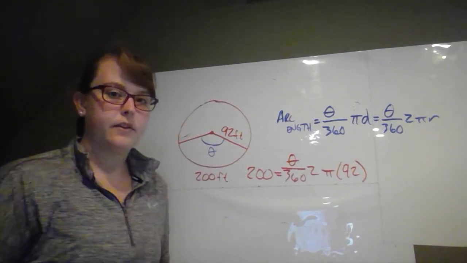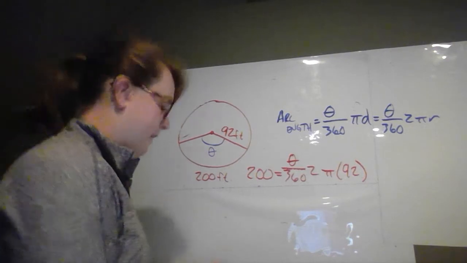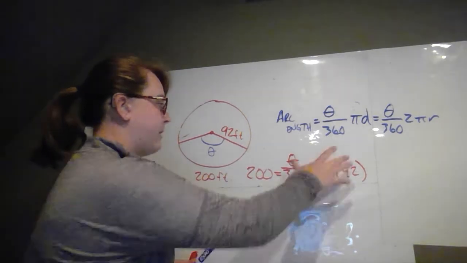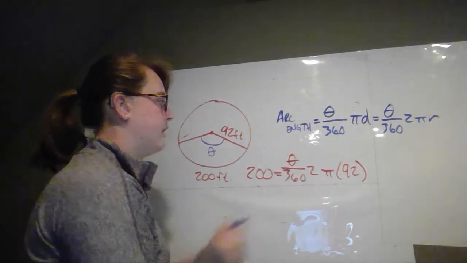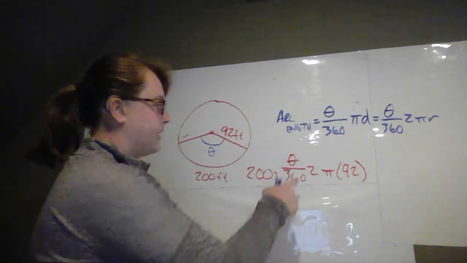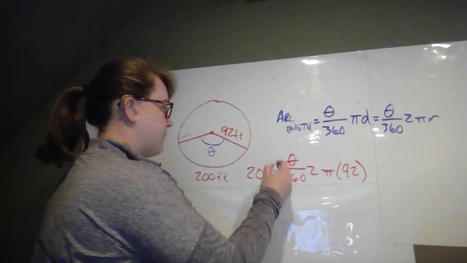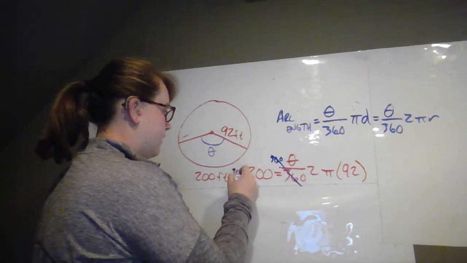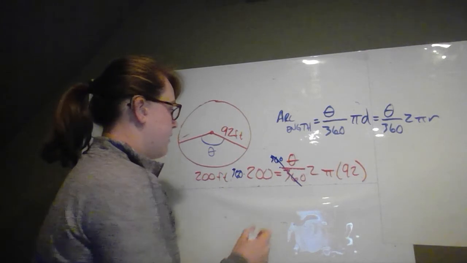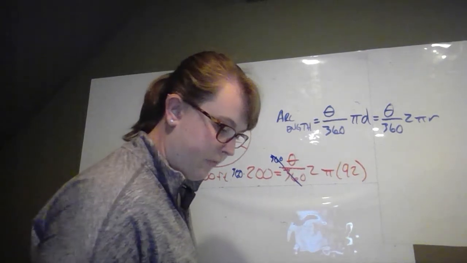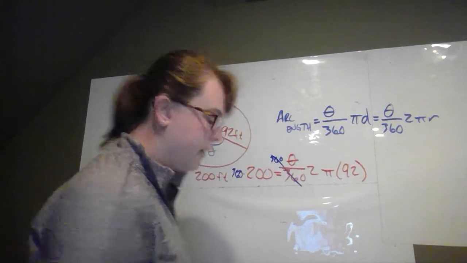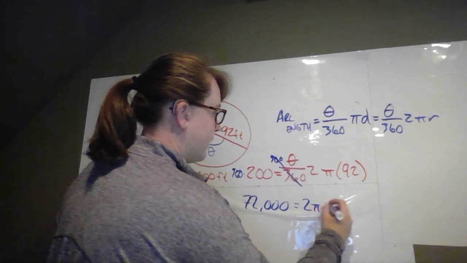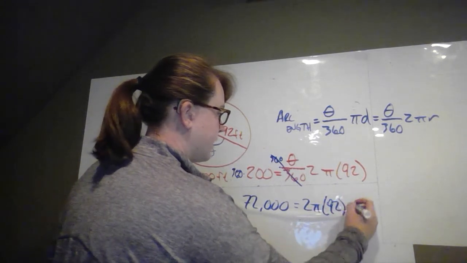Now I have to solve this thing for theta. You can do this in any order you like, pretty much. But we need to basically get everything over here except for theta. To take care of the 360 first, I might multiply by 360 on both sides to get rid of it since it's divided by 360. So 360 times 200 gives me 72,000 equals 2 pi times 92 times theta.